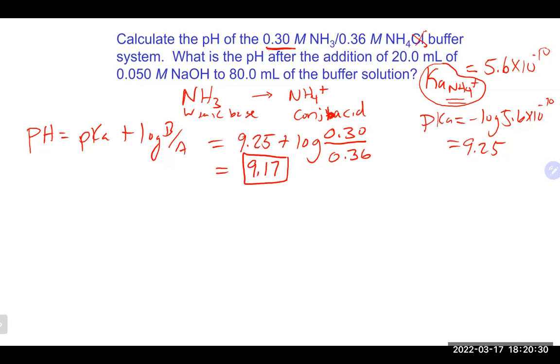Any questions on that? Clearly, we have not added anything to the buffer, right? So we don't have to do anything in moles or worry about it. By the way, in the Henderson-Hasselbalch equation on the base over acid part, you can do it in moles. It comes out the same because the volume on top and the volume on the bottom will divide out, and it will actually work the same. It's best to convert it back to molarity because there will be other instances where you do need molarity and moles will not work.